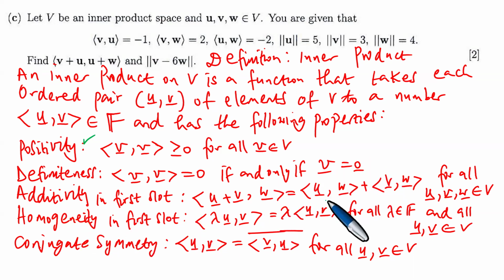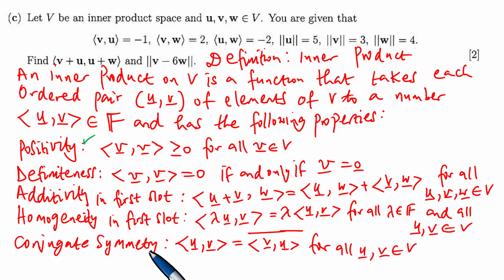Additivity in the first slot is the property of expansion: the inner product of U plus V with W becomes the inner product of U and W plus the inner product of V and W. Homogeneity in the first slot: the inner product of lambda U and V, you can pull out lambda, and it becomes lambda times the inner product of U and V, for all lambda in F and all U, V in V.